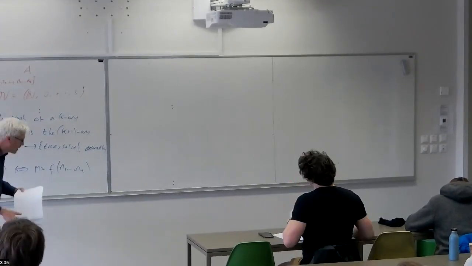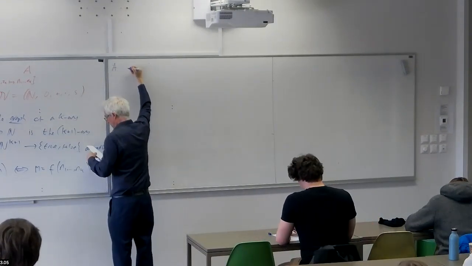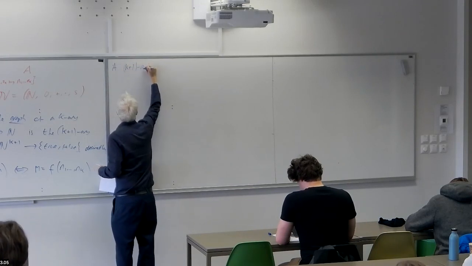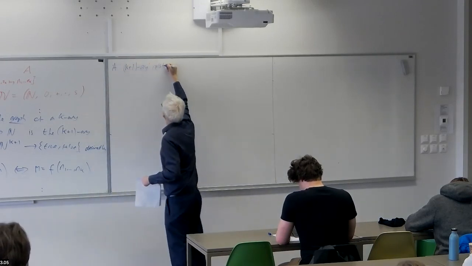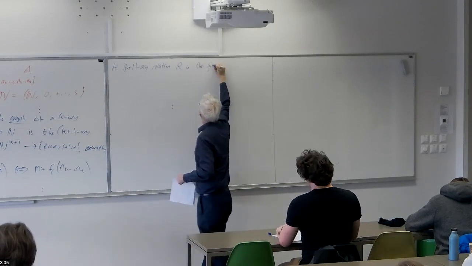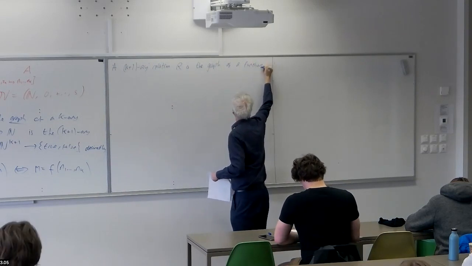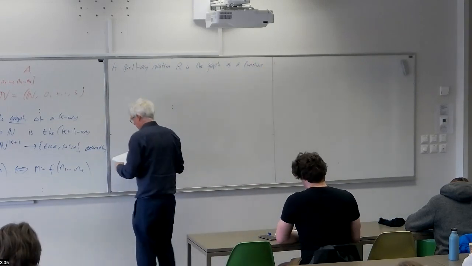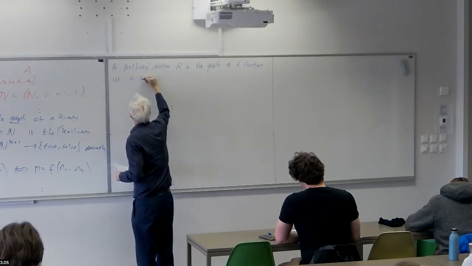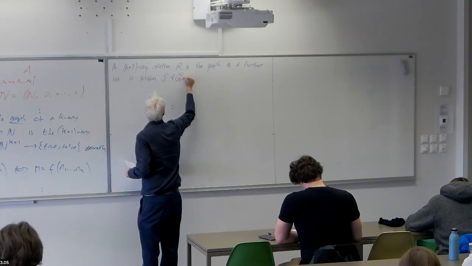So recall that a k plus 1-ary relation R is the graph of a function if and only if it satisfies two properties, which I'll call 1 and 2.